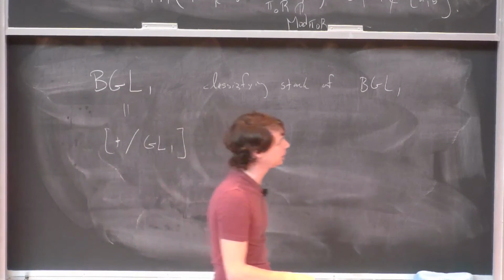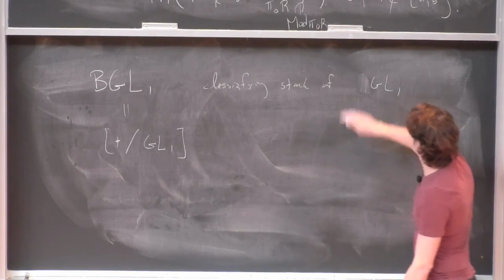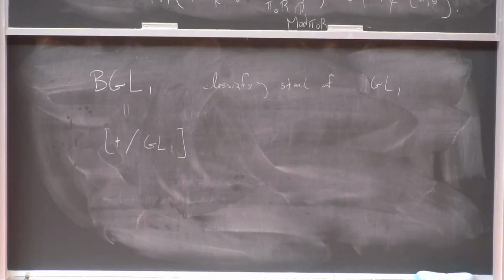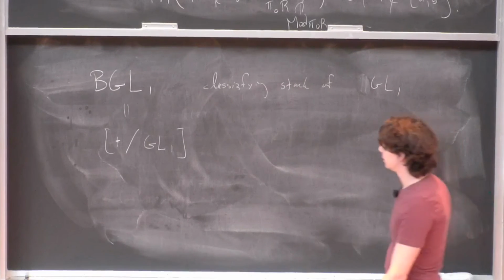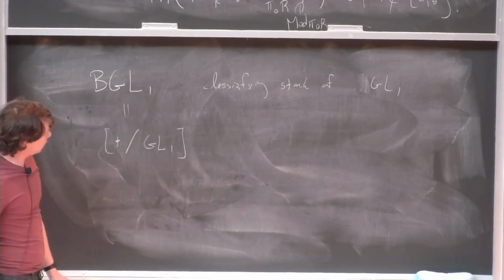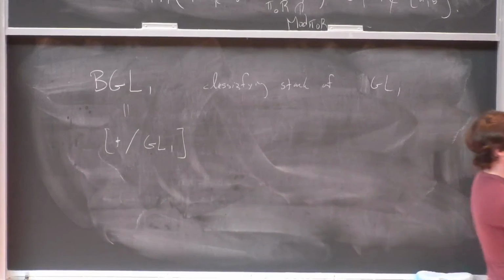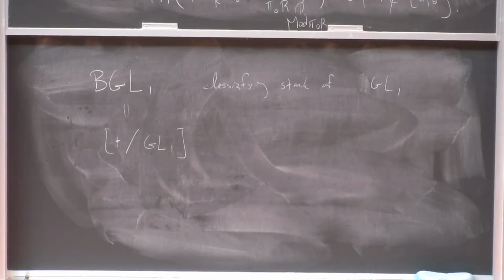So GL1 is, right. We'll get there. That's the whole point. So this is a point mod GL1, and GL1 you see is a sheaf of spaces that are actually group-like spaces, H spaces.